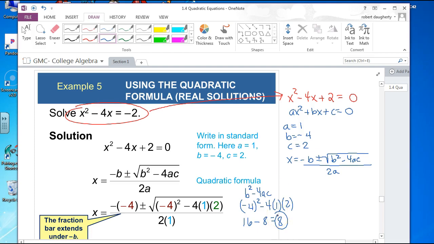Now I'm just going to use this formula right here. So substituting everything in, I get x equal, what is negative b? Negative b is going to be 4, plus or minus the square root of b squared minus 4ac. We just determined that b squared minus 4ac is 8. All of this divided by 2 times a, and in my case, a is equal to 1.